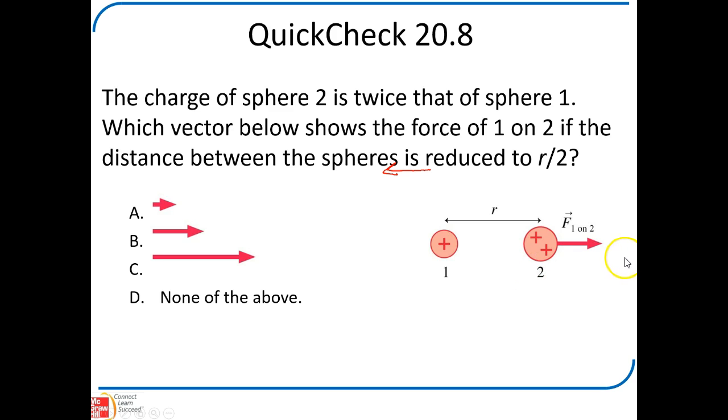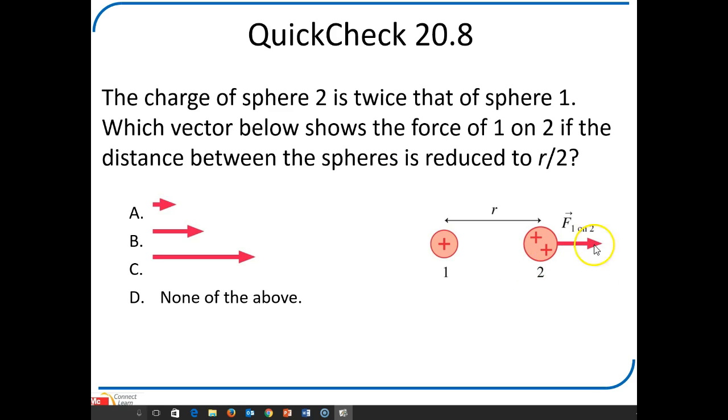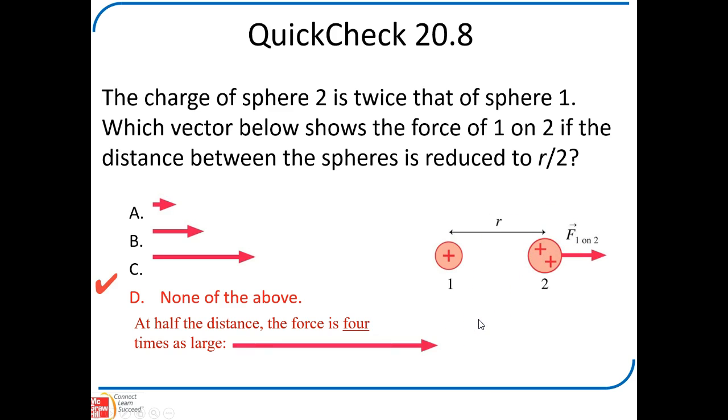For 20.8, this one says the charge 2 is twice that of sphere 1. Which vector below shows the force of 1 on 2 if the distance between the spheres is reduced to r over 2? So I want to know if I reduce this distance, what's going to happen? And my answer here is none of the above. Because if you measured the length of this arrow and compare it to this one, it's only twice as long as this one.